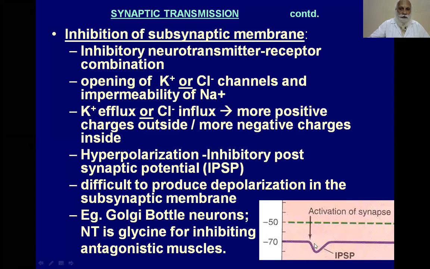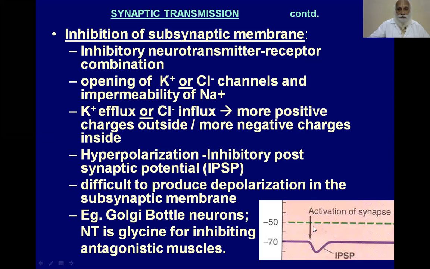When hyperpolarization occurs, the potential change needed to reach the threshold is increased. You can see it is increased from here to here. From the resting membrane level, the change is only about 20 millivolts, but with hyperpolarization, say another 10, it becomes 30.